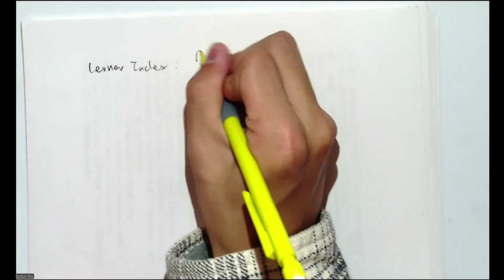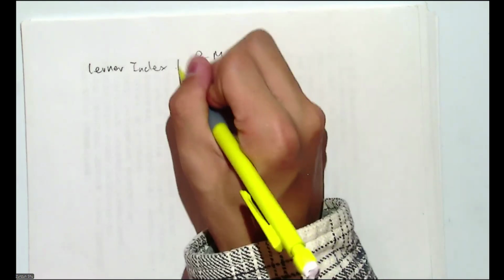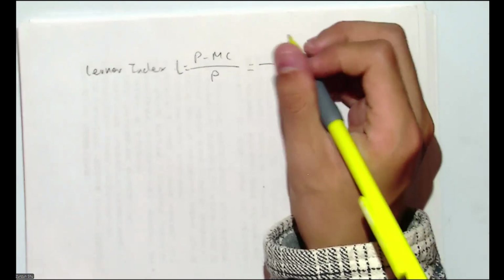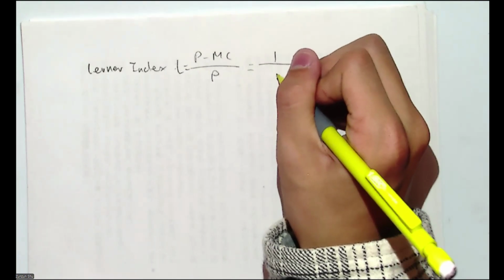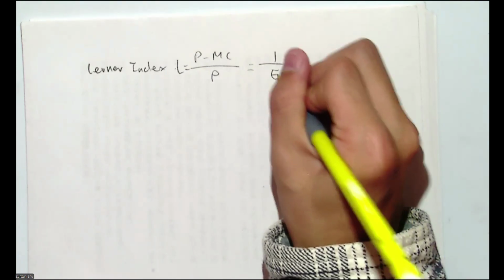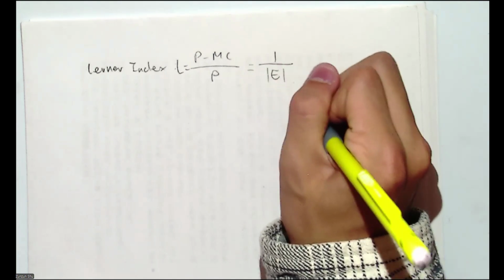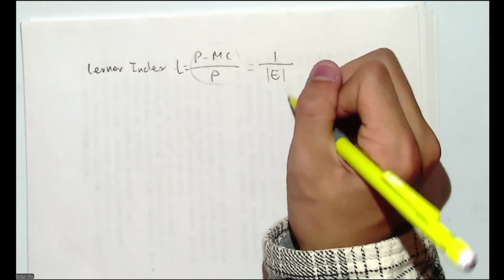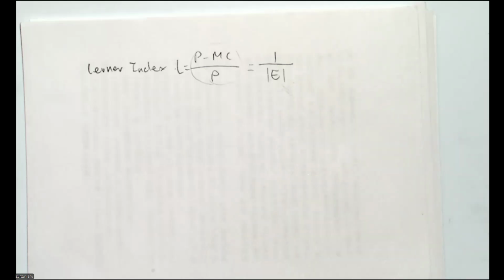Well, the formula is P minus MC over P. So your Lerner index is equal to P minus MC over P, which also equals 1 over elasticity. Normally, because this is going to be positive, you also want the elasticity to be absolute value or positive.